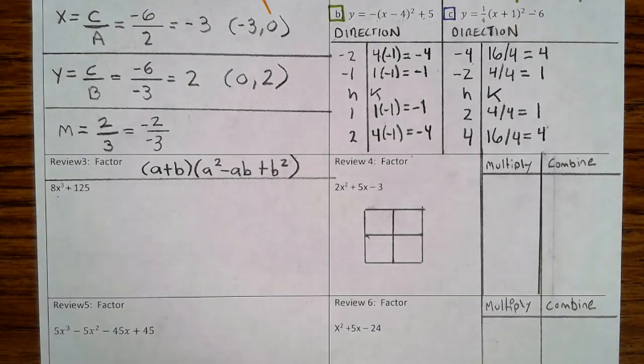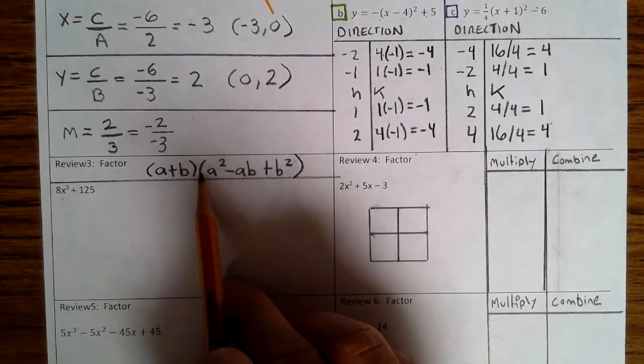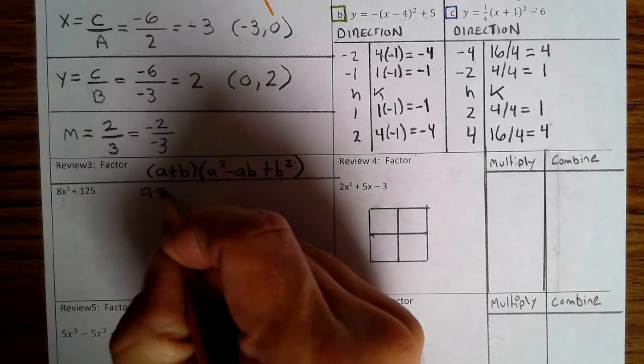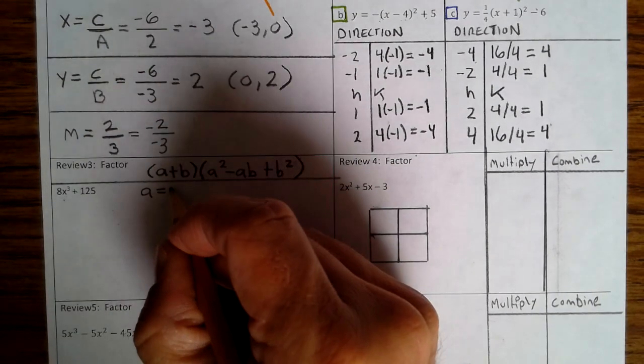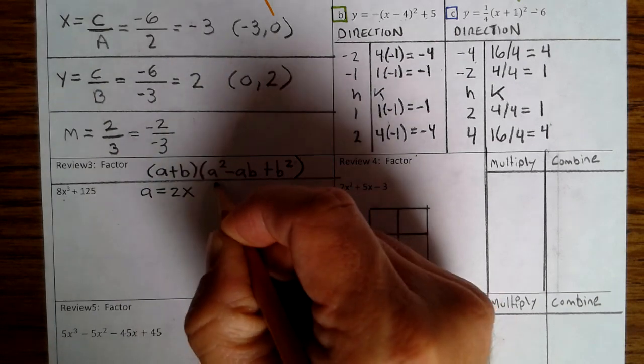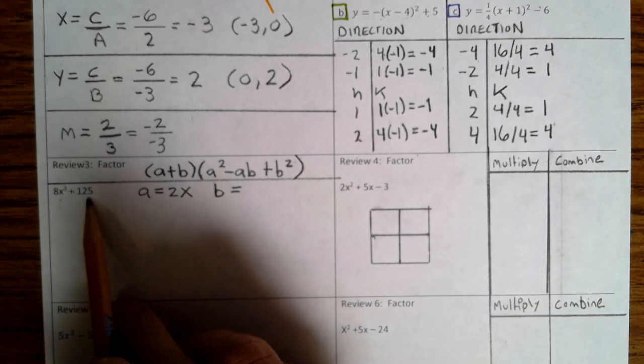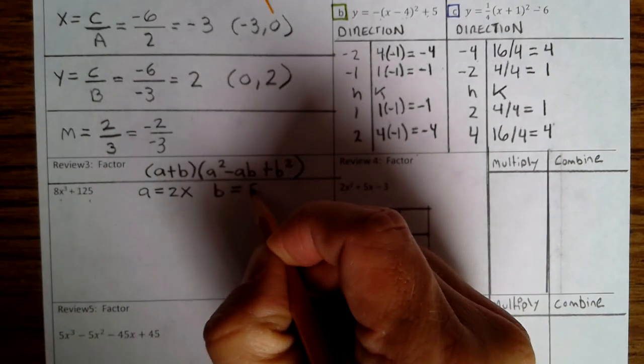Now, at this point, we need to figure out what A and B are, okay? So A, you think about what cube gives you 8x cubed, the answer to that is 2x. And then we ask ourselves, what did we cube to give you 125? The answer to that is 5. 5 cubed is 125.